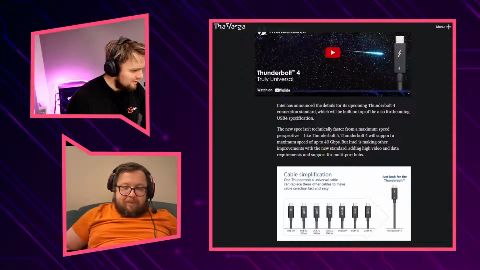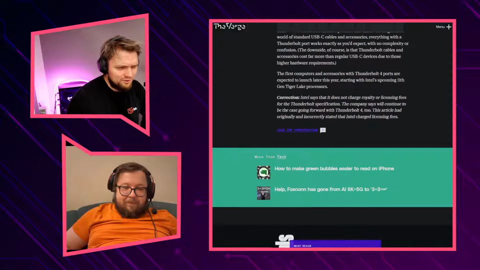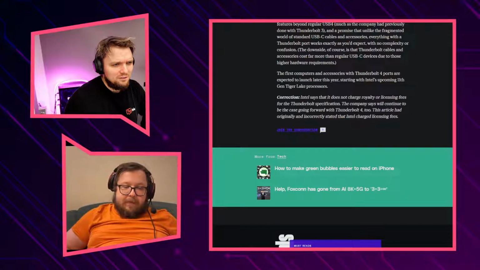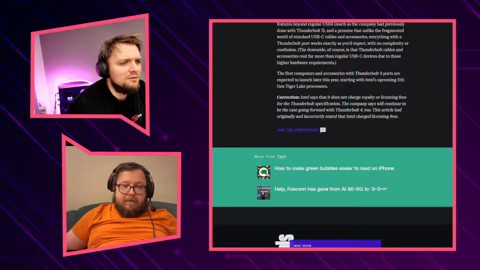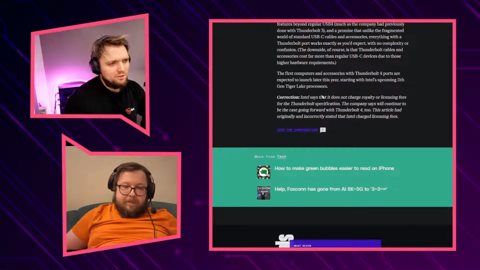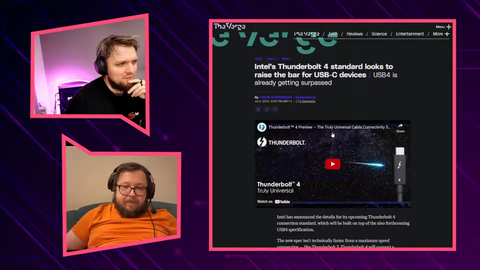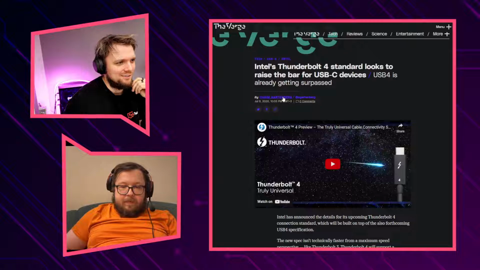So anyway, look, there's a correction at the end of the article. Intel says it doesn't charge Thunderbolt 4 license fees, and will continue to be the case going forward. Okay, this is new information. Even at The Verge, the article is up from 2 years ago.